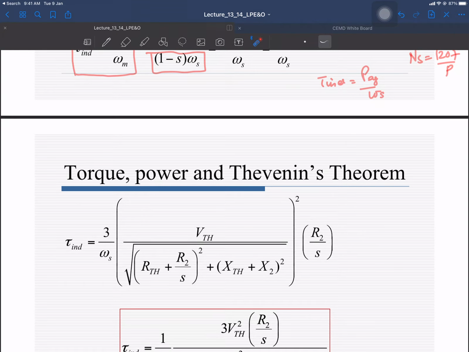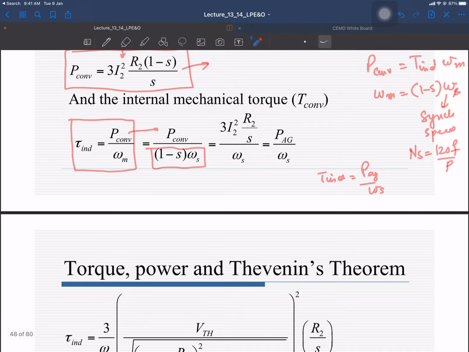Let's write down that equation. Torque induced is equal to air gap power over omega s, and we can write that P converted is equal to P air gap into (1 minus s). This portion is representing the air gap power.